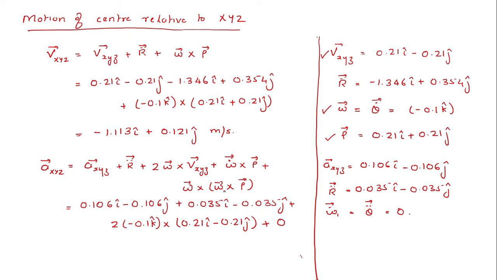Now omega vector cross omega vector cross rho vector I can represent as minus the magnitude omega square into rho vector. I shall not do the detailed steps of all these. If you solve this equation, you would finally get the answer 0.0965 I cap minus 0.1855 j cap meter per second square.